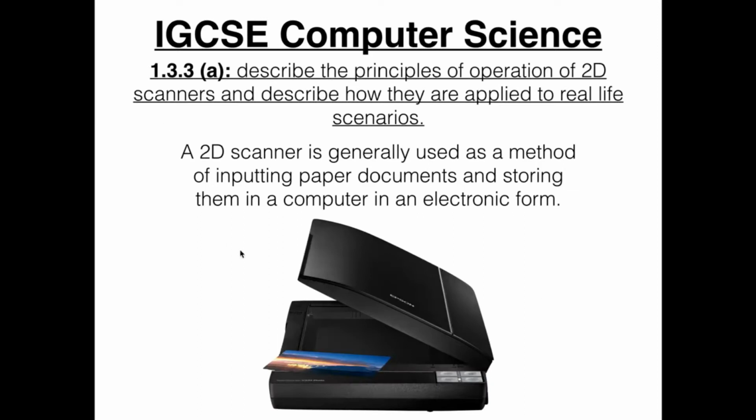A scanner looks like this. An example of its use is scanning passports at airports, which we'll discuss towards the end of the video, when they apply to real-life scenarios.